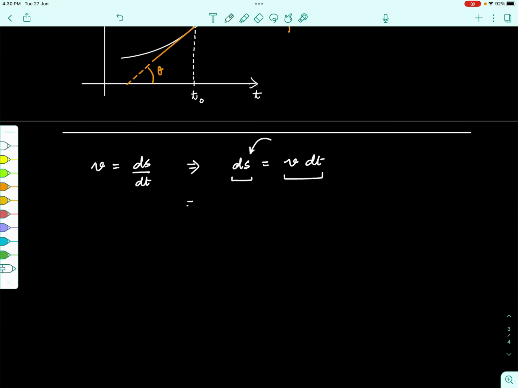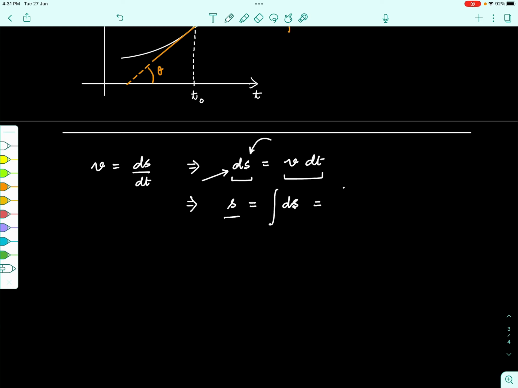Now, we all know this in mathematics, adding up all the very small distances travelled would mean that we need to add all the small ds, which mathematically means we have to integrate ds. So, the integral of ds would physically mean that we are adding up all the small distances travelled to get the total distance s.